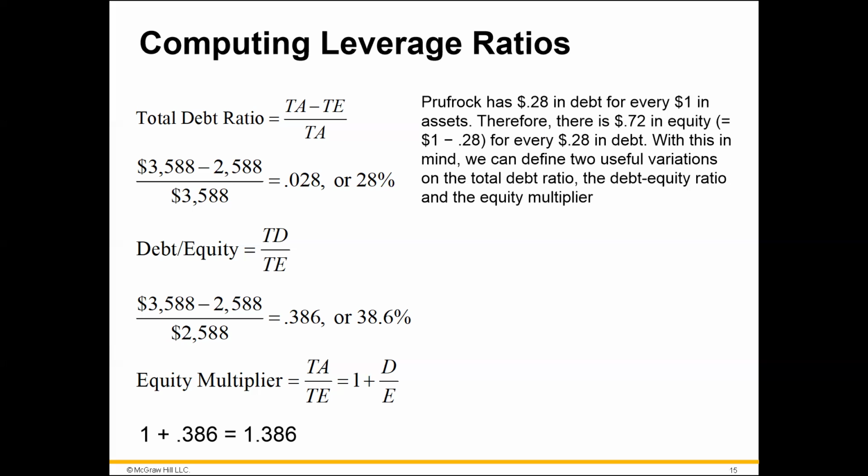For example, this ratio is 1.386, right? So we can get these different kinds of financial leverage ratios from total debt, equity, and total assets.